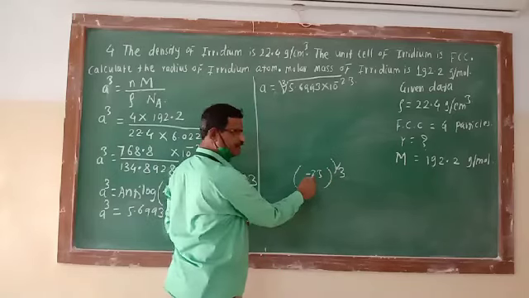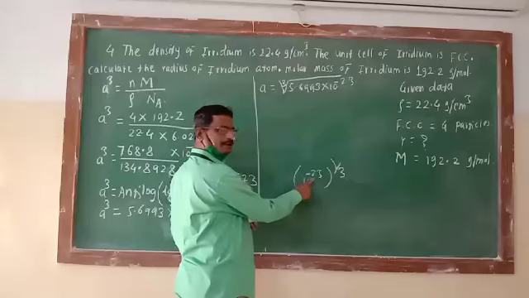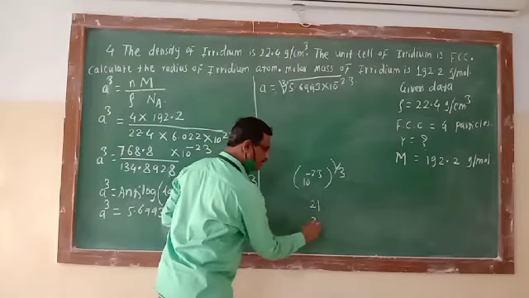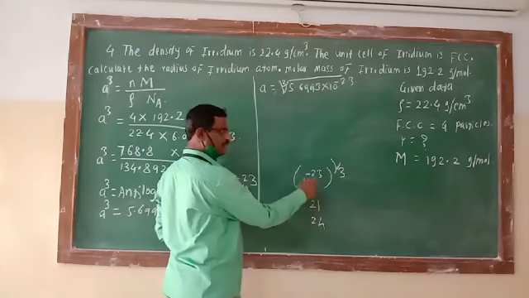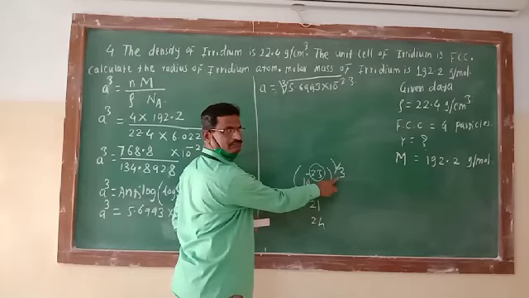So 3 and 23 are not in the table of 3. So this must be converted either to 21 or 24 so that this figure is in the table of 3.